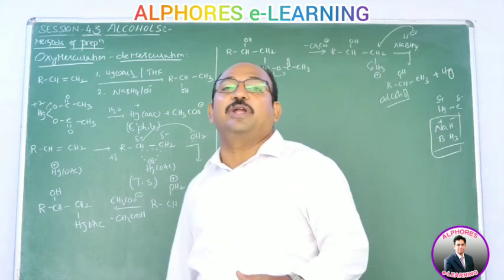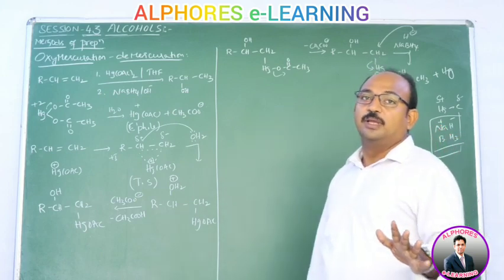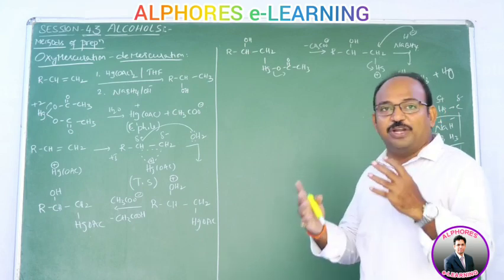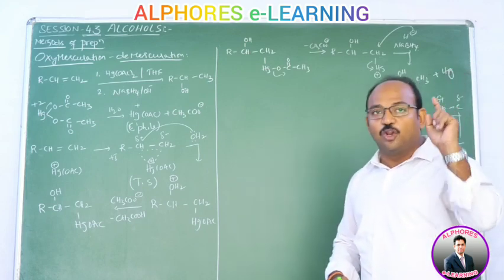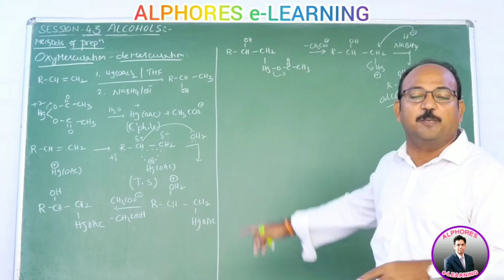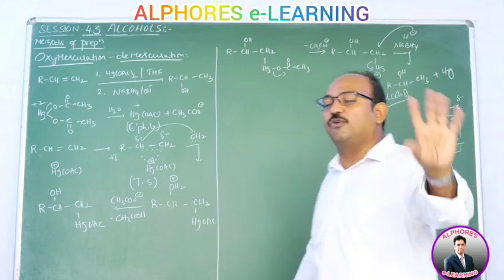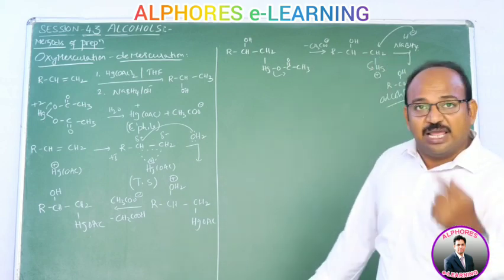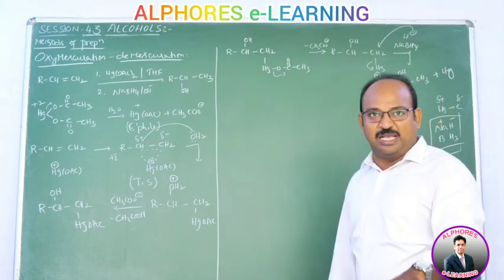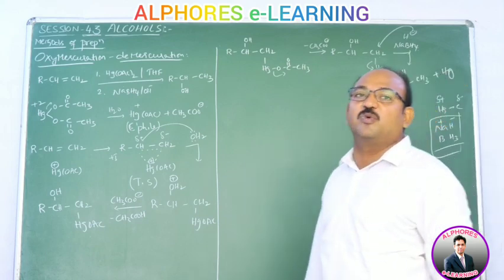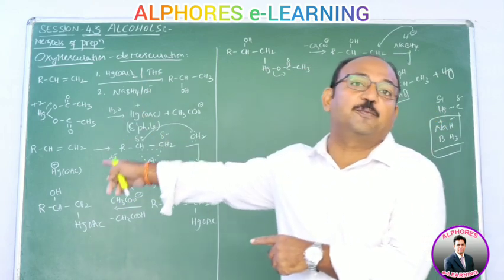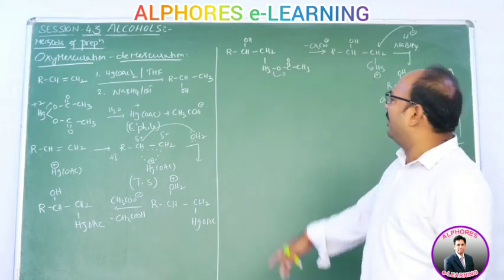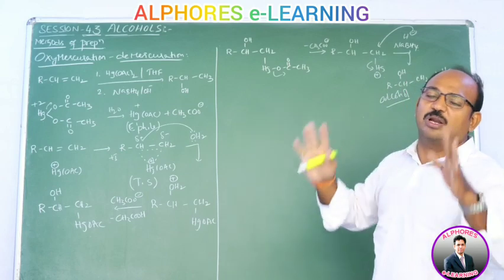Markovnikov rule, Markovnikov addition, and Markovnikov product. Markovnikov rule means the positive part, whatever it may be. Markovnikov addition means what you defined in the rule; if the same happens in the product, then you can say Markovnikov product. Both are the same. And if addition happens in the same manner, like H plus goes to the carbon which contains more hydrogens, and OH minus approaches the carbon which contains fewer hydrogens, then you can say yes, it follows Markovnikov addition.